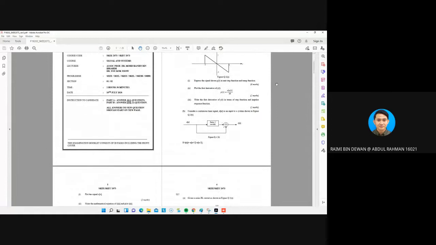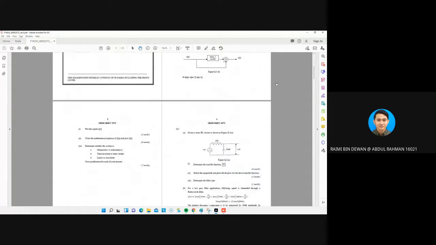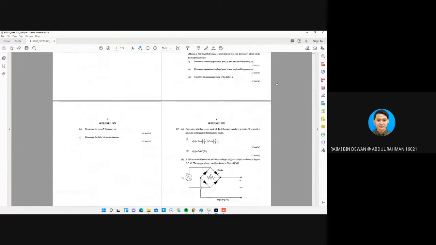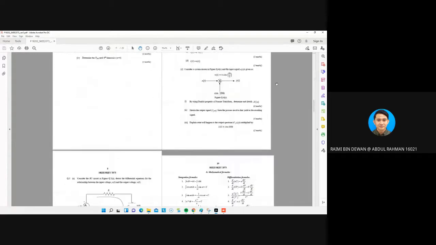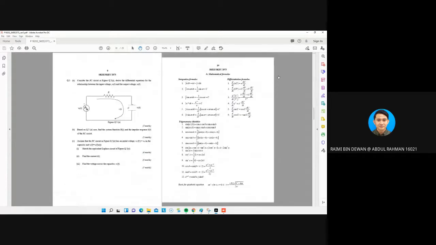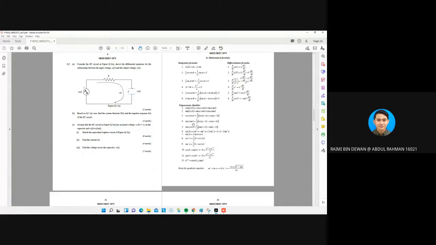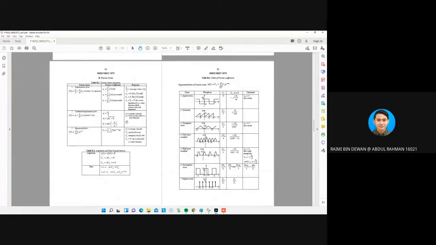Okay, so I want to go to the last page. Here, you are given this mathematical formula: integration, trigonometry. You are given a Fourier series. You need to know how to use it, even though it is given. Your life is made easier, so it is given.